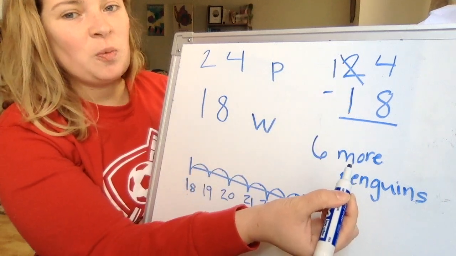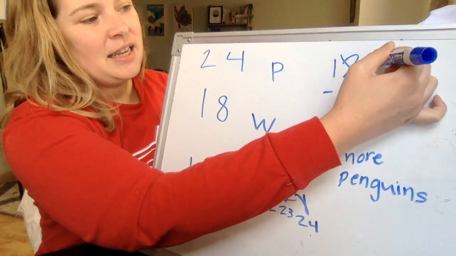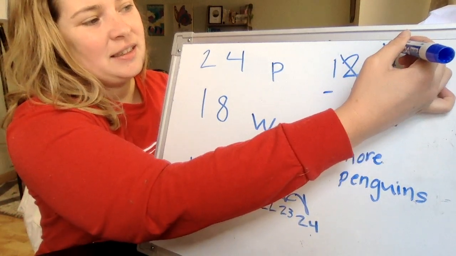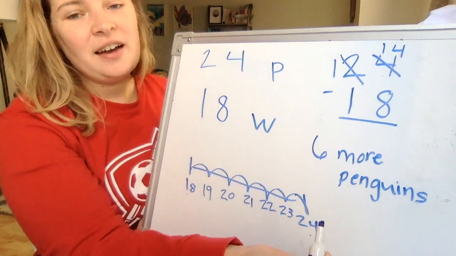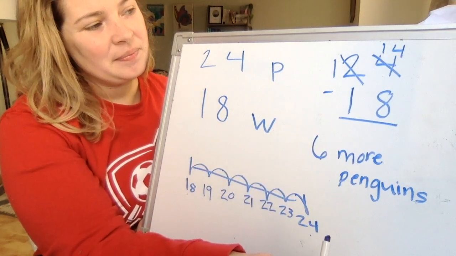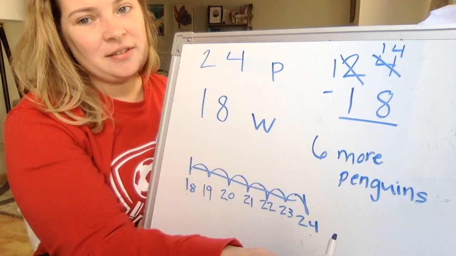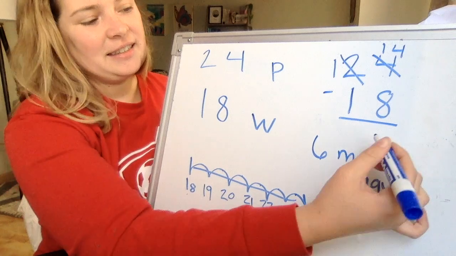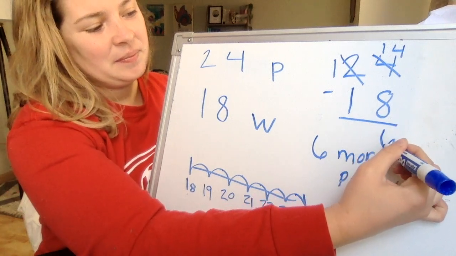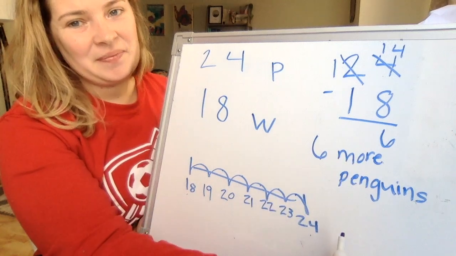We move our 10 into ones, which becomes 10 more ones. We already have 4 ones, so it becomes 14. 14 minus 8 is 6. 1 minus 1 is 0.